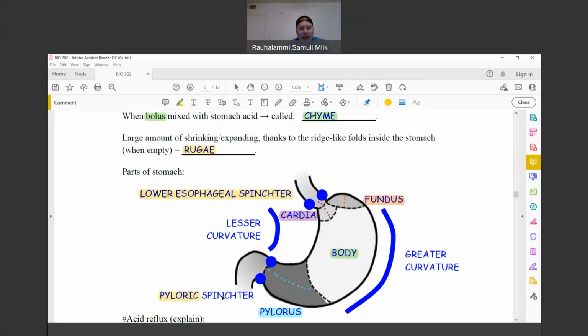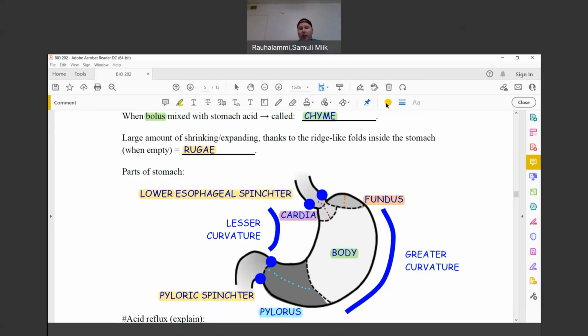More distally, at the end of the stomach, before we move to the small intestines, we have our pyloric sphincter at the end of the pylorus. This is actually an anatomical structure, a muscle band that we end up seeing there, controlling when we are ready to let food pass onwards from the stomach to the small intestines.